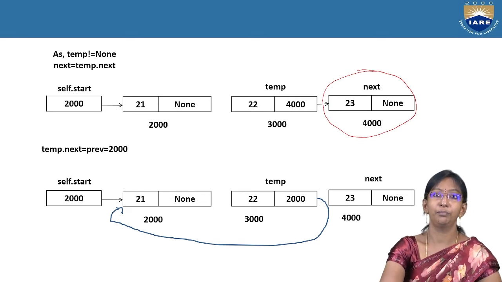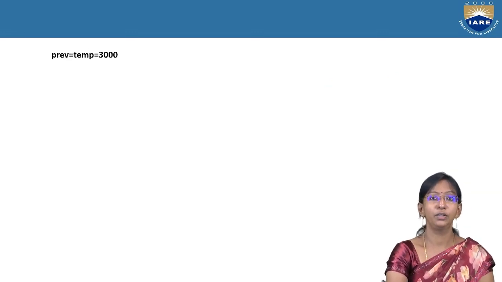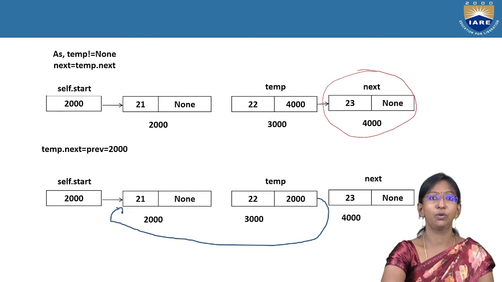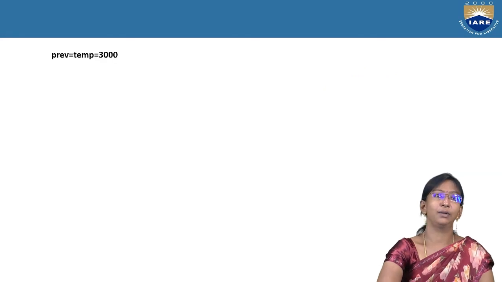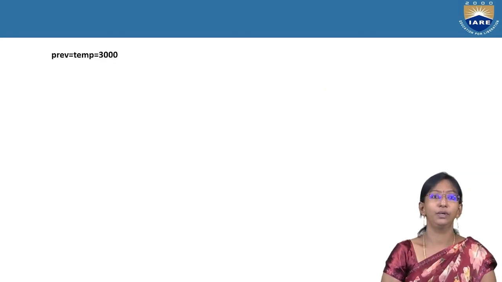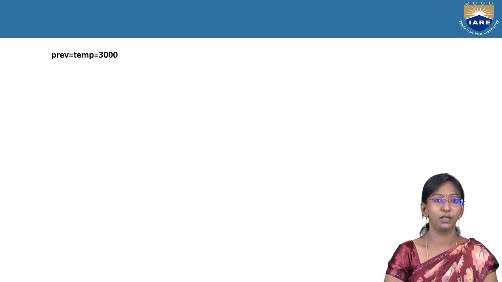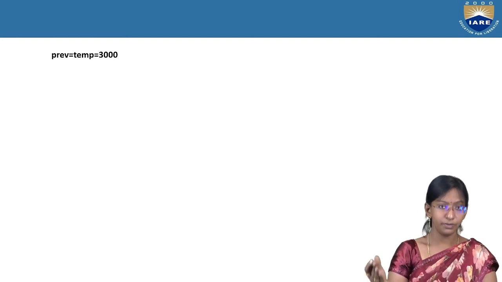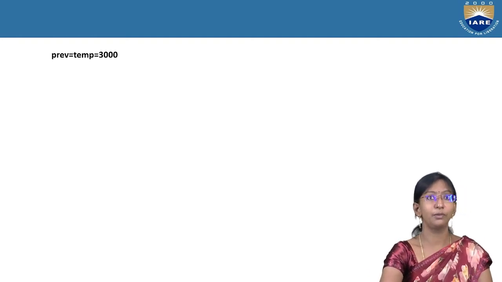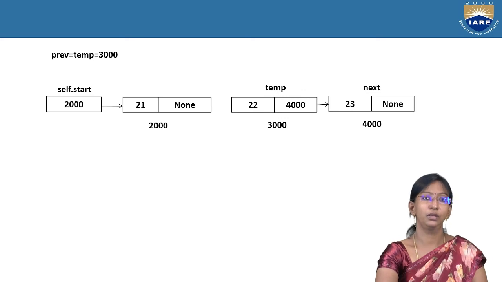So now temporary is pointing to the element at location 2000. Next, override the content of previous with the content of temporary. Previously it was holding 2000, now it will be holding 3000.